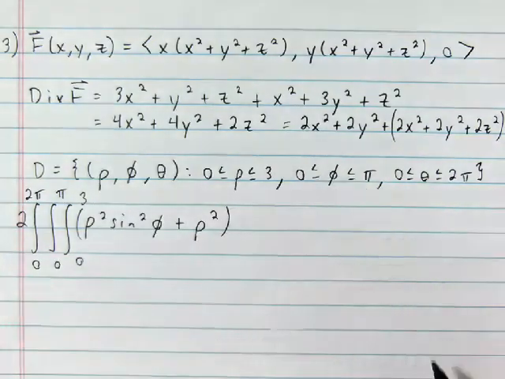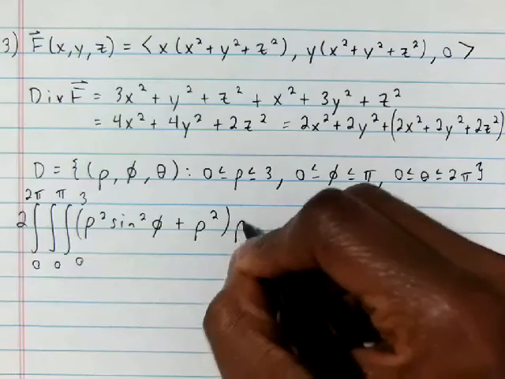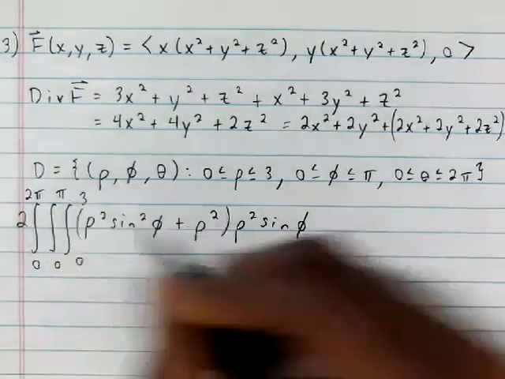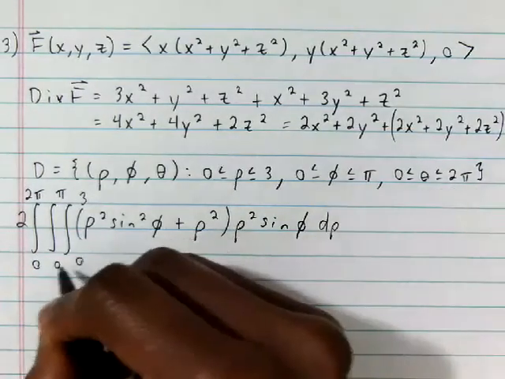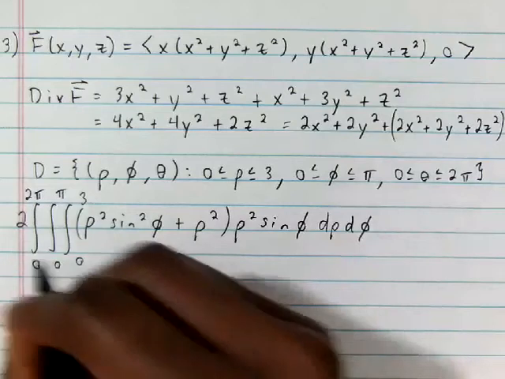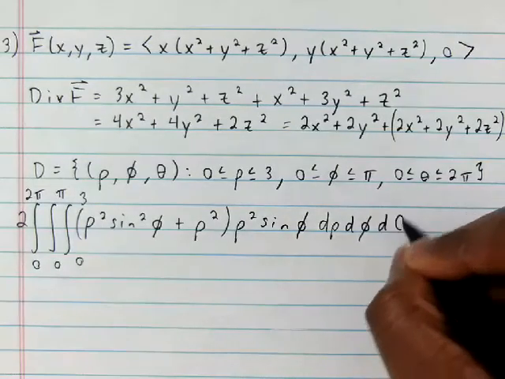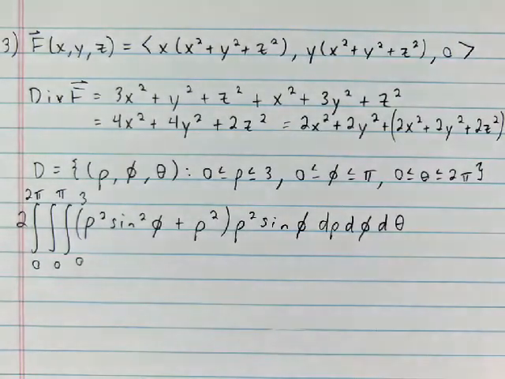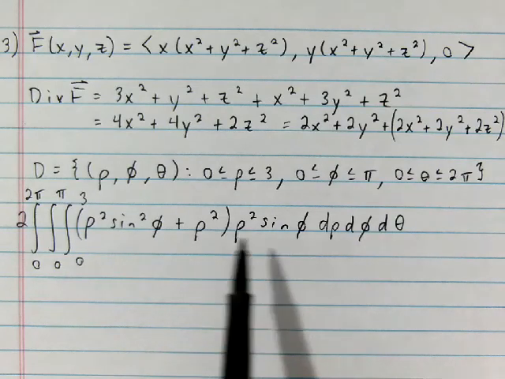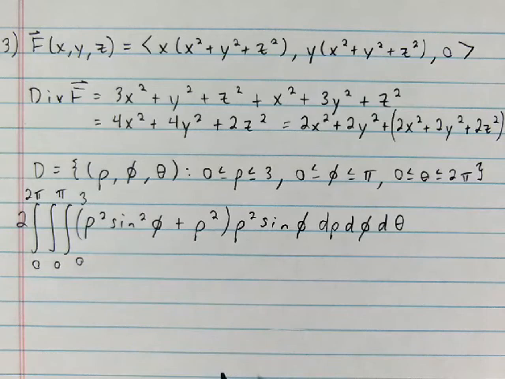And then we need our Jacobian, which is rho squared sine phi. These were rhos, so that's d rho, those were phis, d phi, and those were thetas, d theta. And then we would just distribute the rho squared sine phi and integrate that as usual.